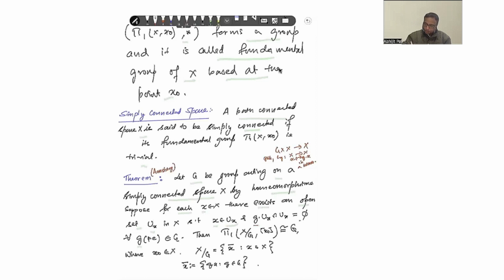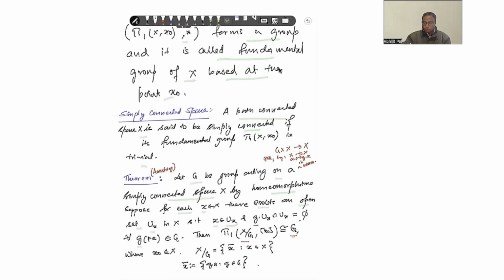So then the claim is that the fundamental group of the quotient space X mod G, which is the set of all orbits, is isomorphic to G. So this is the result.